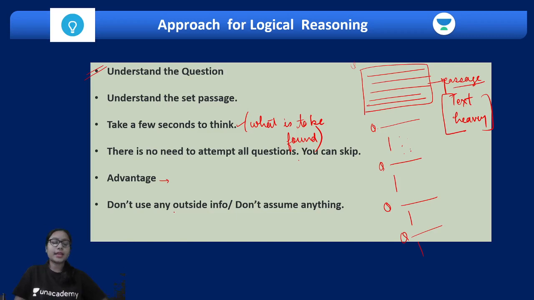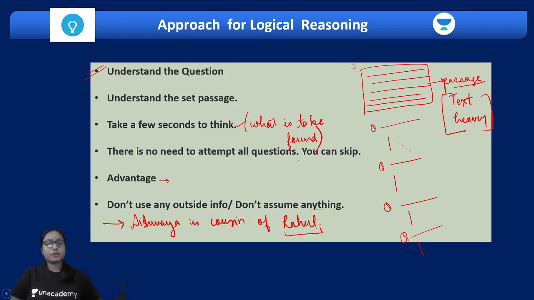Next, don't use any outside info, don't assume anything. You cannot use any information that is not given in the paragraph, and you cannot assume anything if it is not given in the paragraph. For example, if there is a sentence, Aishwarya is cousin of Rahul. This is a sentence from a blood relation question. Now what is the gender of Rahul?